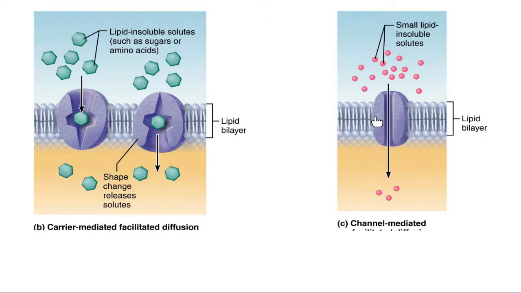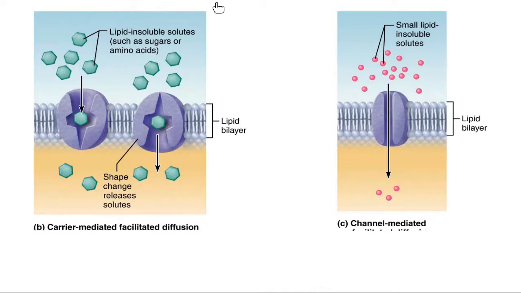You're not going to use a protein to get across the membrane if you can go straight through that wall. The only things that go through these proteins are things that are lipid insoluble. That's a fancy word for saying polar or hydrophilic or whatever word you want to say that means you can't sneak through the membrane. Because if you can sneak through the membrane, you're not going to wait for a protein. You're just going to go straight through.